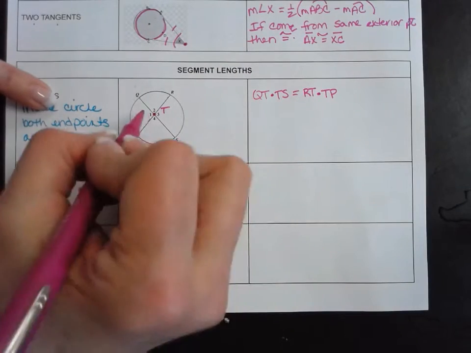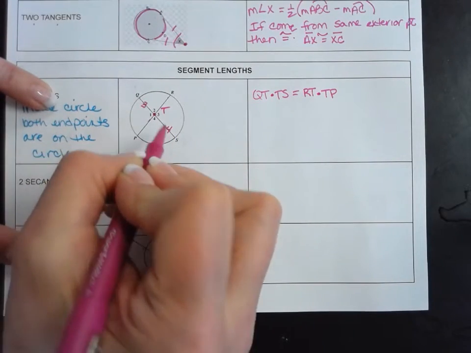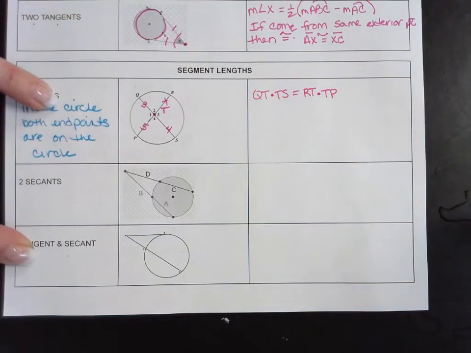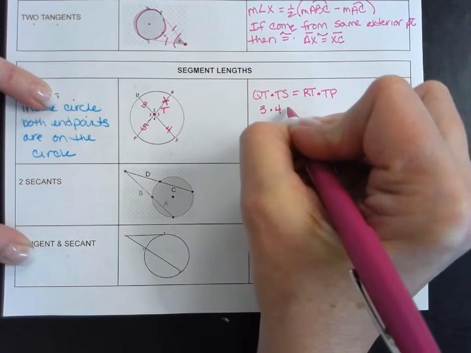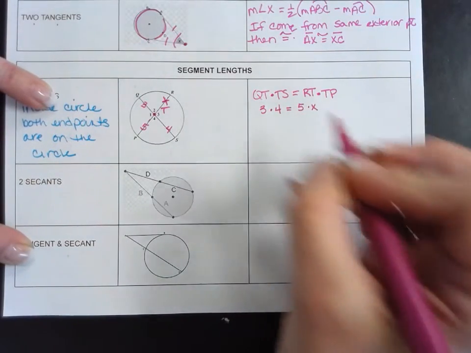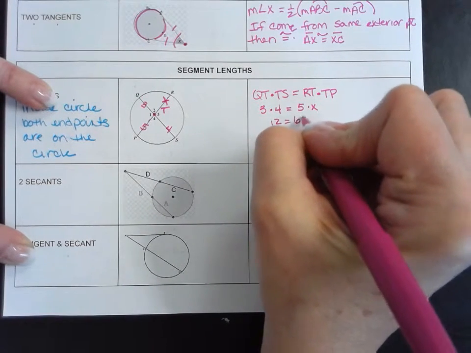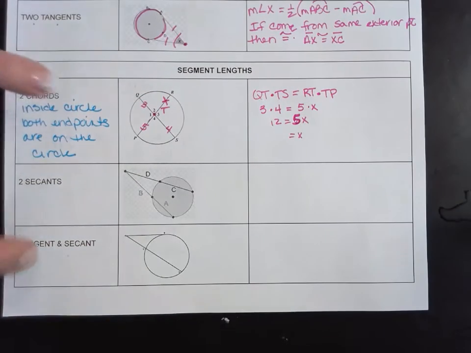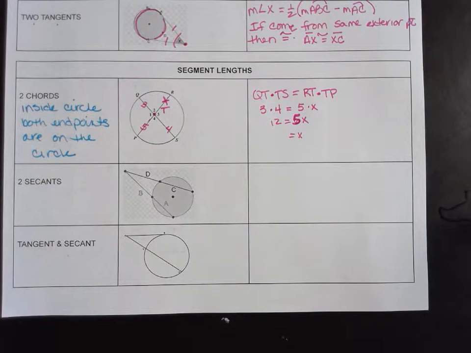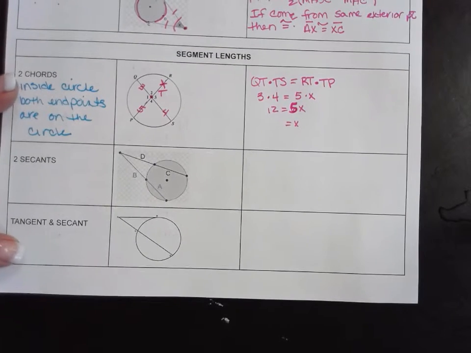Let's say this is 3, this is 4, this is 5, and that's X. That means I could say, 3 times 4 is equal to 5 times X. And so then X is going to be whatever that divides out to. I don't have my calculator, but that's okay.